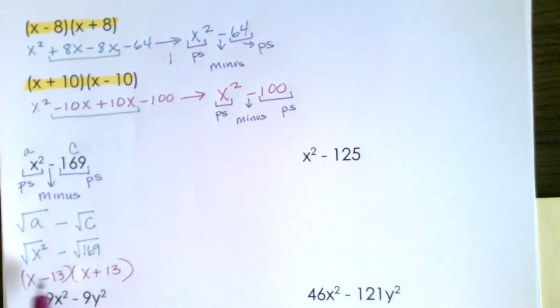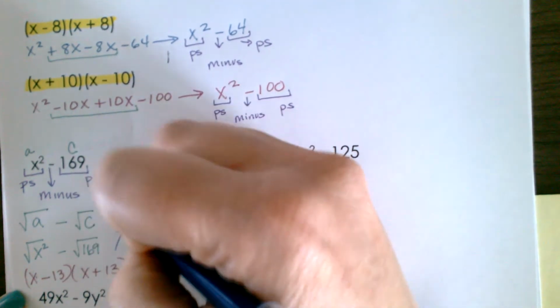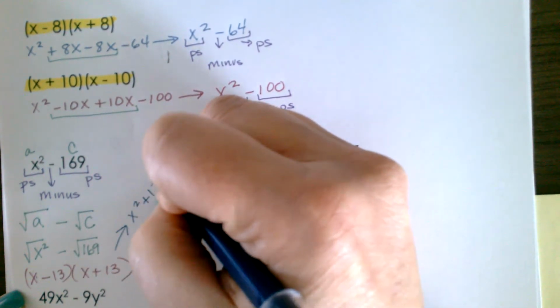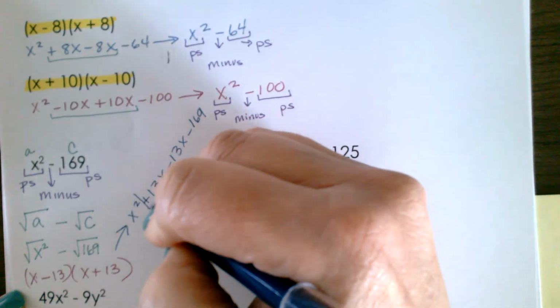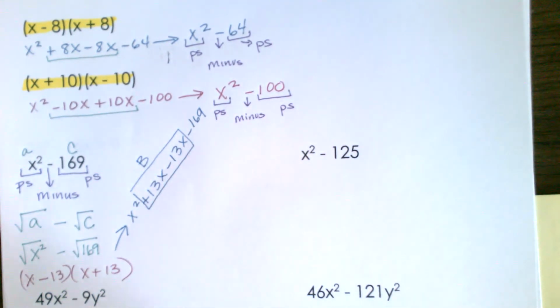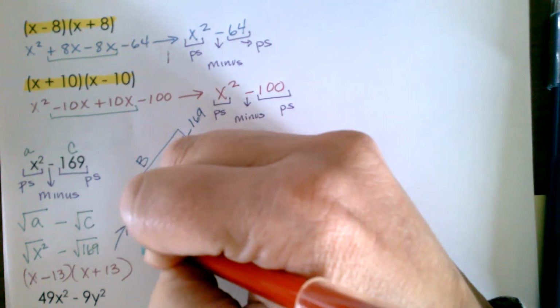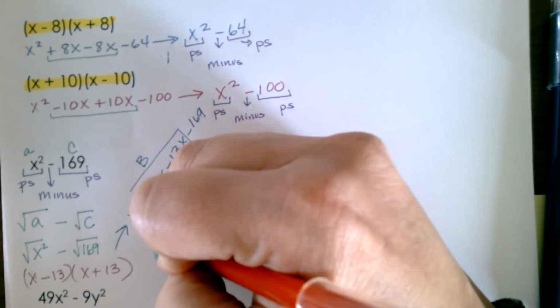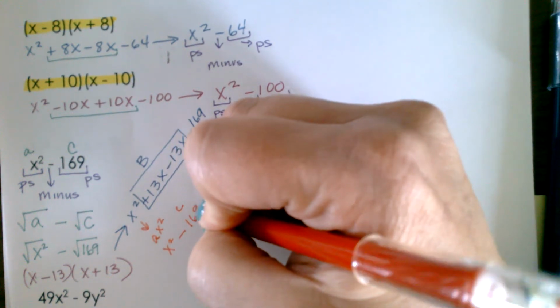It doesn't matter if you put the plus 13 first or the minus 13 first. But if I was to FOIL this out, which I will do for you real quick, I would have x squared plus 13x minus 13x minus 169. Notice I created b's that disappear. So I would be left with a, which is x squared, minus c, which is 169.